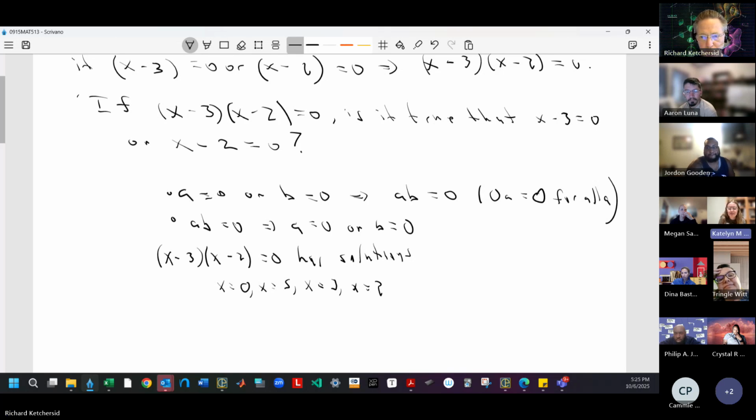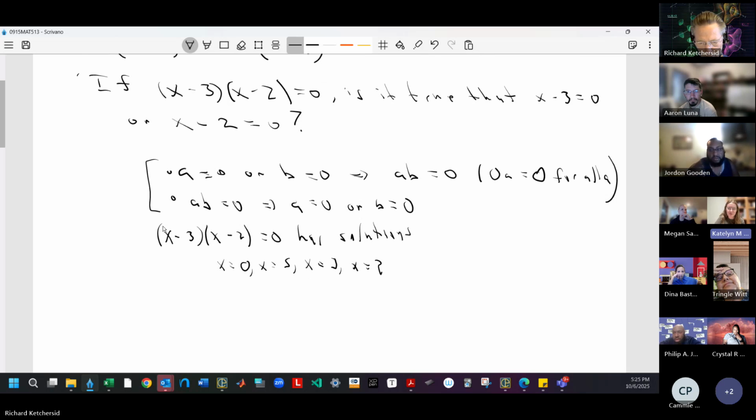Yeah, so just to clarify, with those two bullet points that you wrote there, A equals 0 or B equals 0 implies AB equals 0. So you said the second one is only true in integral domains, when there are no zero divisors? Yeah, because what does this thing say right here?